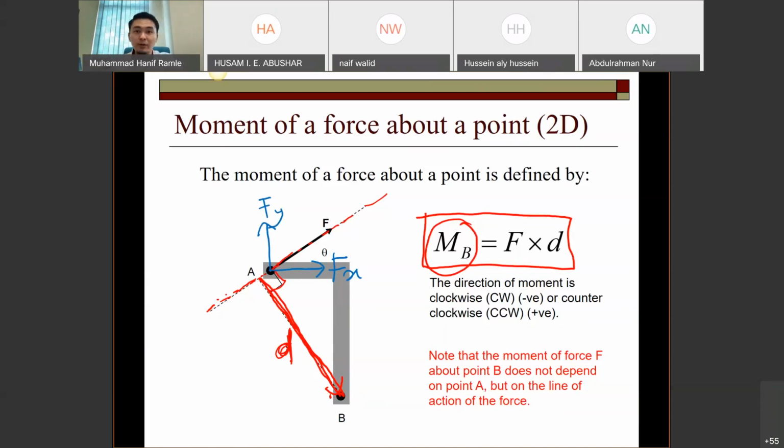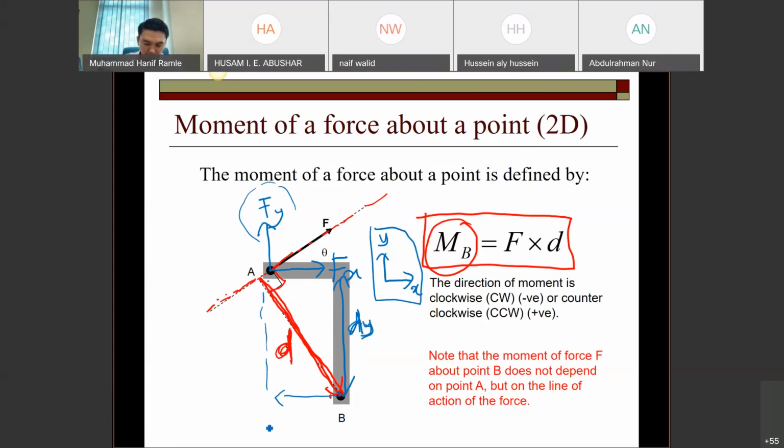So let's say you are considering the x component. Let's put the distance as dy, because of x, y, z. For the component Fy, the distance should be from point B to the line of action, and it must be perpendicular like this. And this is dx.